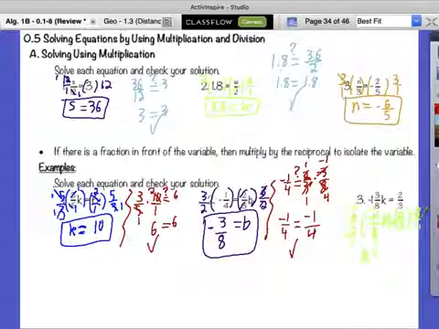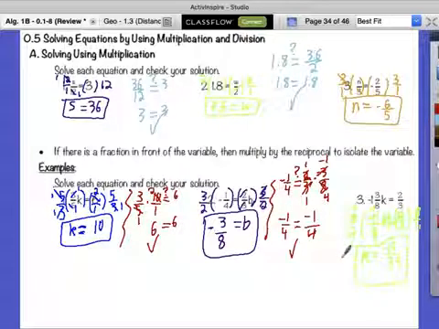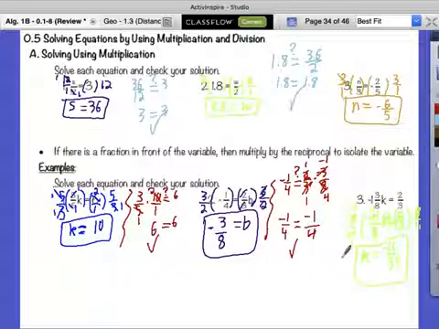Can't simplify anything there, unfortunately. So 2 times negative 8 is negative 16. And what's 3 times 11? 33. Negative 16 over 33, and we can't simplify anymore. Okay? And I'm not going to have us check this one right now just for time's sake, okay? But we know how to, don't we? Questions on that one?